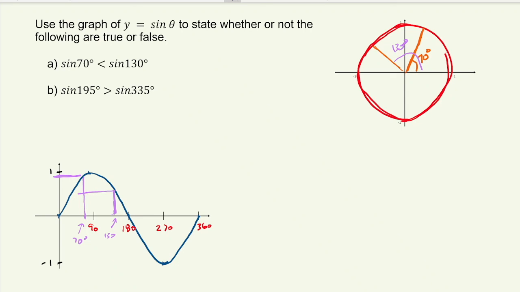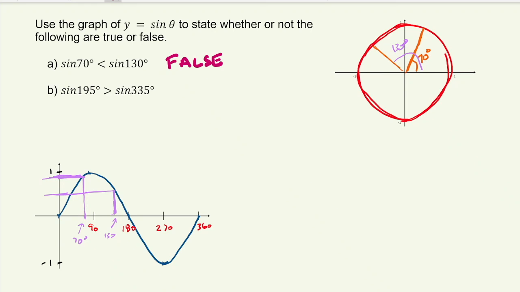But you can see that it's actually lower. Alright, so sine of 70 degrees is actually greater than, on our sine graph, sine of 130. So we can say this one is false. Sine of 70 degrees is greater than sine of 130 degrees in fact.